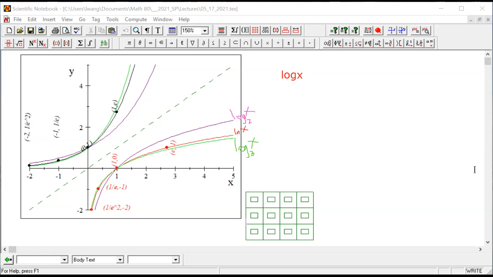Do you understand my question? If I'm asking you to sketch log 10 on this picture, quickly, where do you think it's going to be?